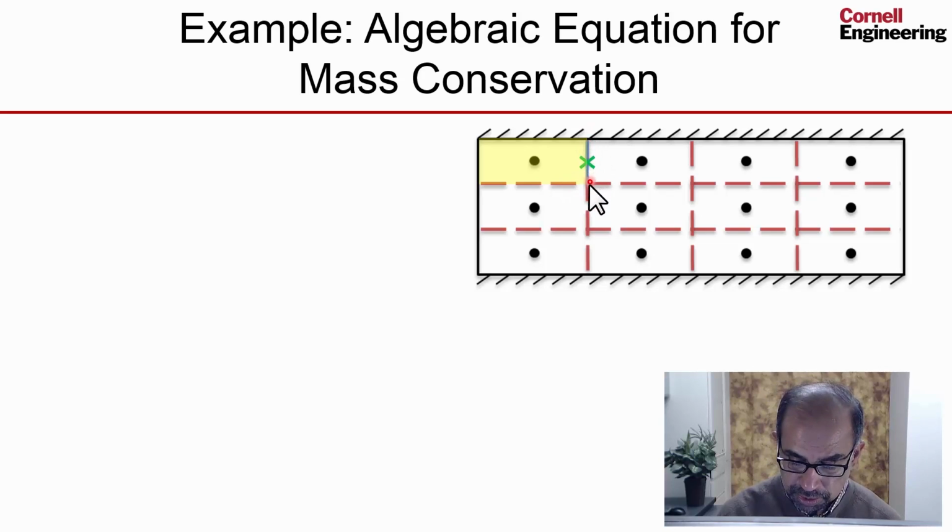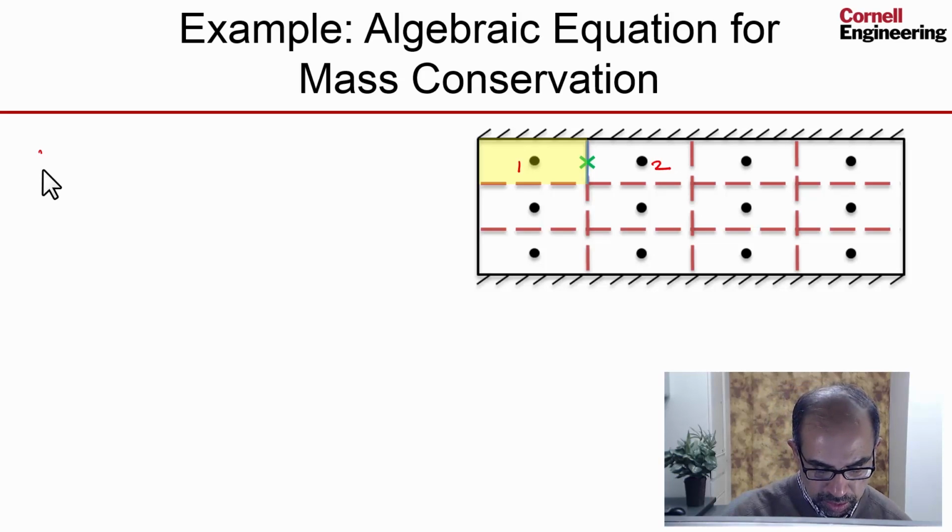Let's focus on this face first and assume that the average value of velocity at that face is equal to the value at the midpoint shown by the cross. And that's an approximation. Let me say that's cell 1 and that's cell 2.